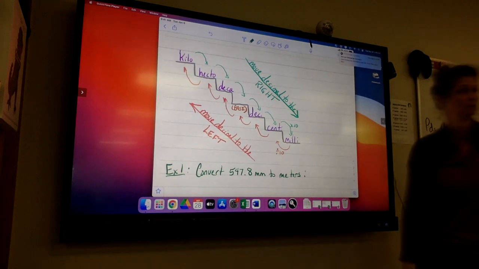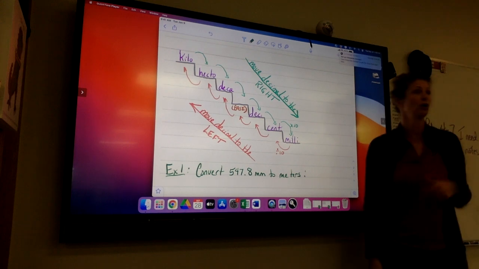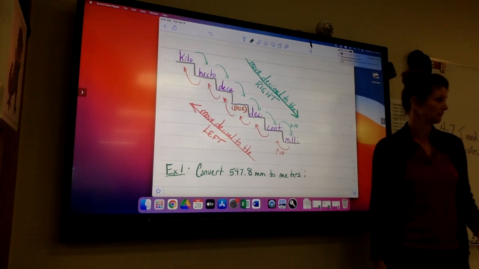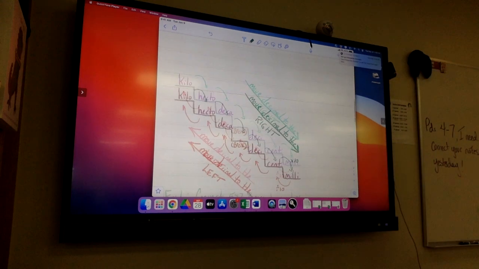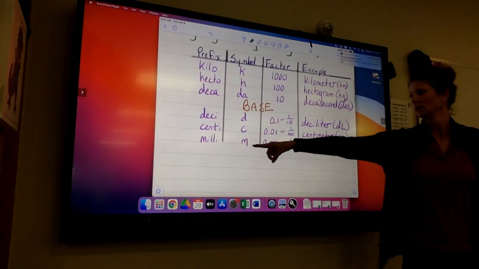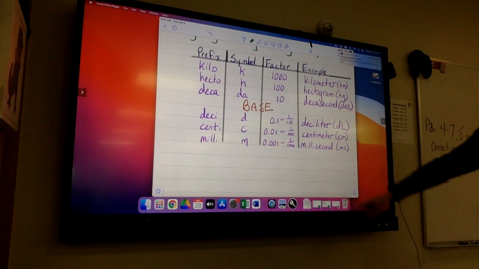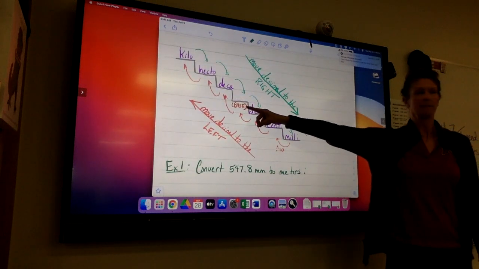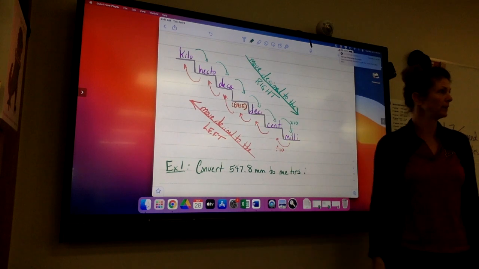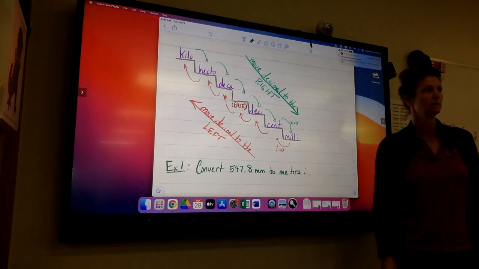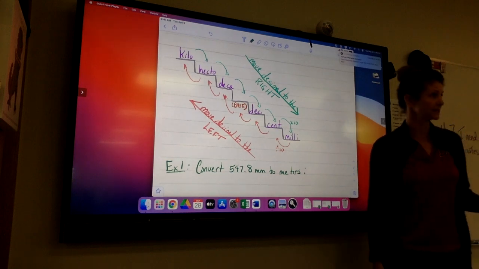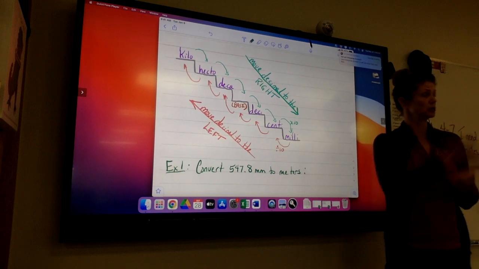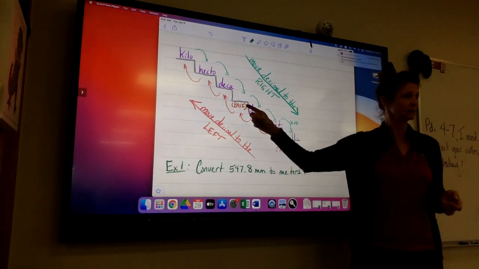So MM, that's when you need to know what your prefixes are. So lowercase m is milli. So it's wanting you to go from milli to meters. How do I know where meters is? How do you know it's base? Because there's no kilo, centi, or deca. Good, there's no prefix. When it's just the plain word or just the plain letter, that means go to base.